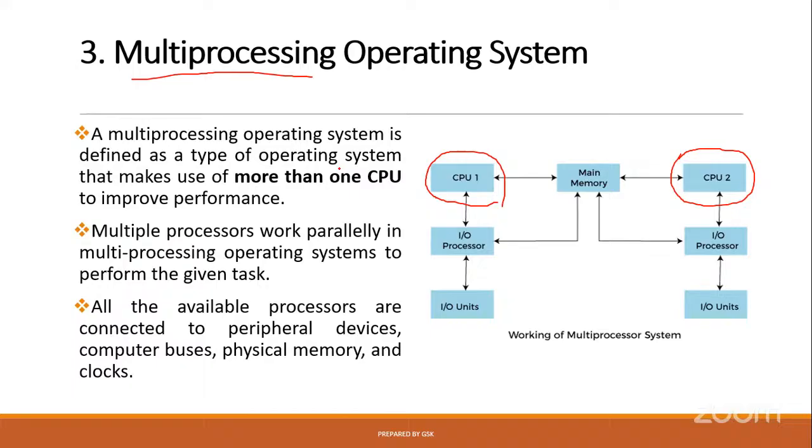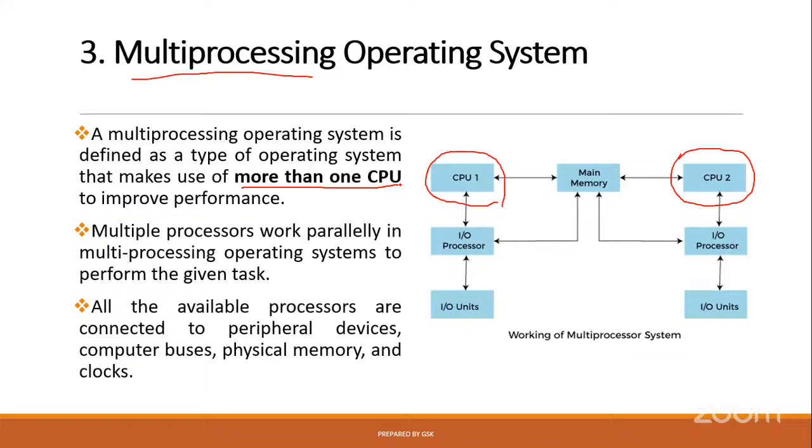A multi-processing operating system is defined as a type of operating system that makes use of more than one CPU to improve the performance. Obviously, suppose we have one work. If you give that one work to one person, that person may take 10 minutes, let us assume.